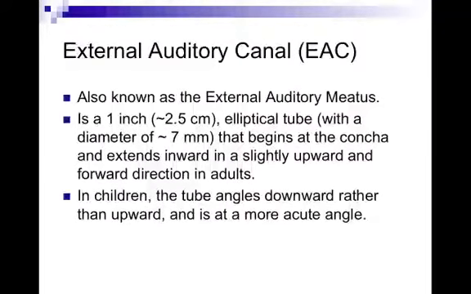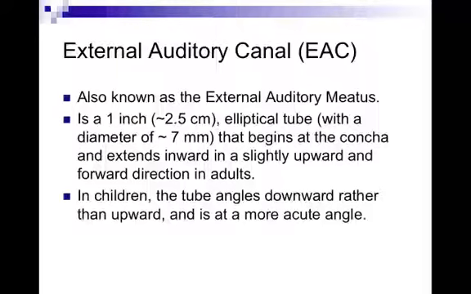The pinna leads to the external auditory canal. It's about an inch-long elliptical tube that begins at the concha, and it extends inwards in a slightly upward and forward direction. So it's kind of curved, especially in adults.